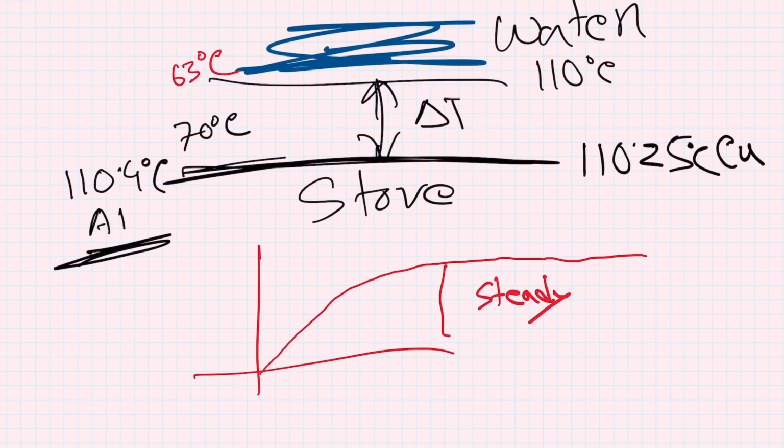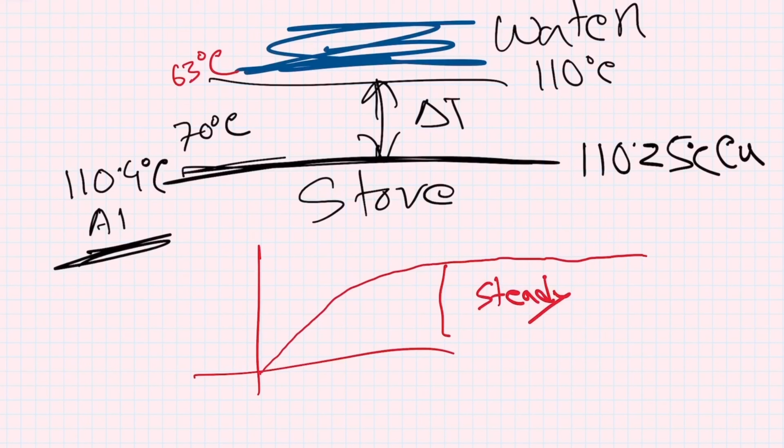But as more time passed, there was more heat transfer, and the surface exposed to water also heated up, and it tried to approach the same temperature as the pan's bottom surface.